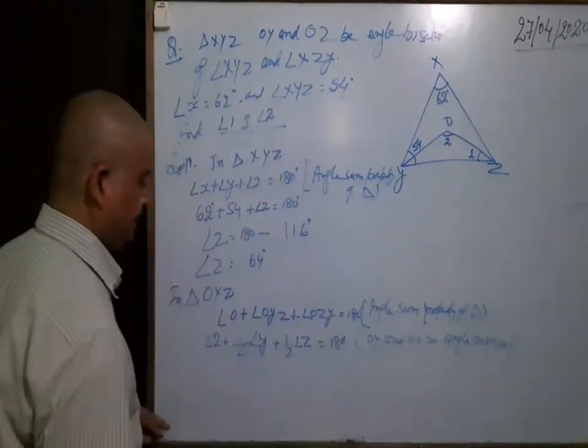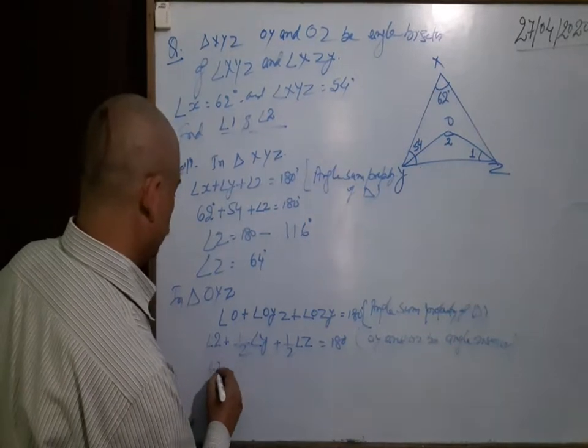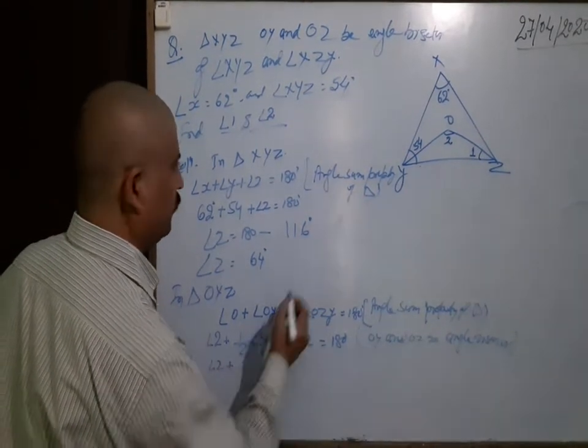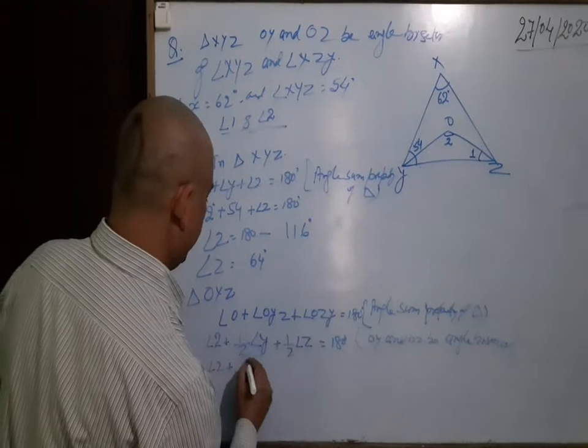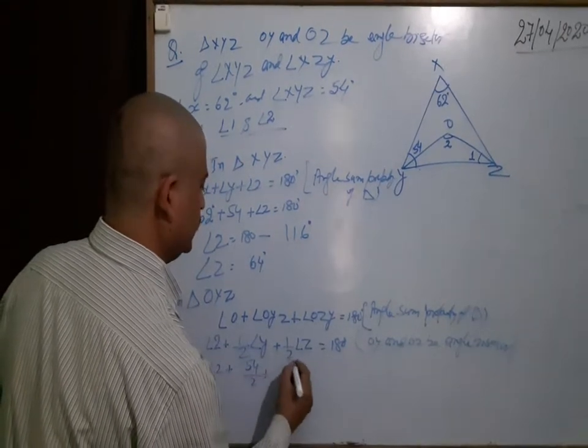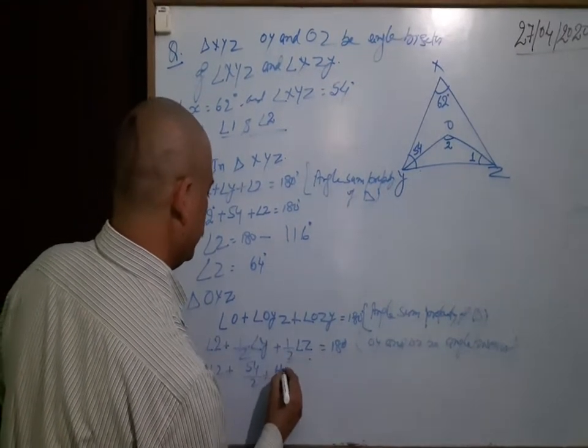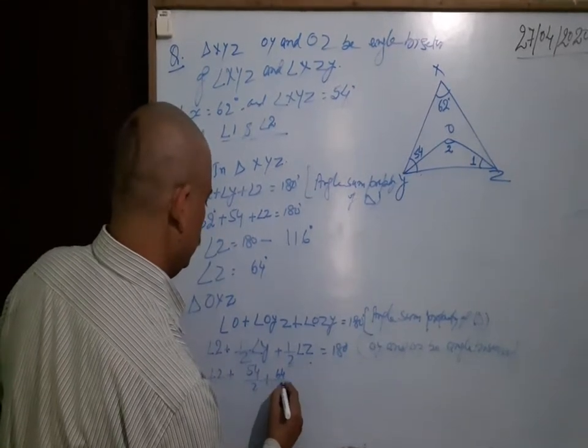So angle 2 plus 1 by 2 of Y, 54 by 2, plus Z, 64 by 2, equals 180 degrees.